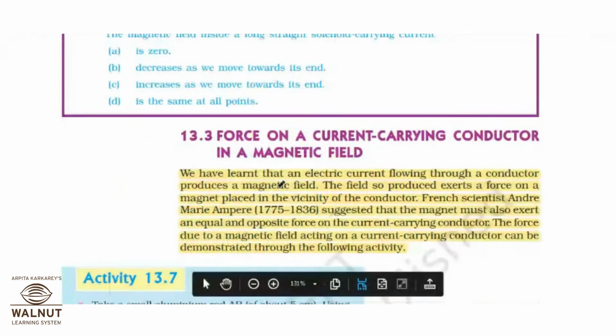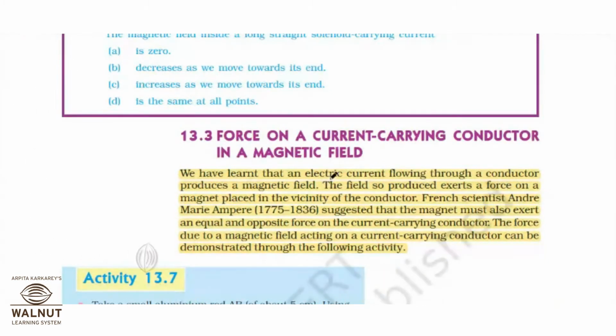Now the next topic is force on a current carrying conductor in a magnetic field. We have learned that an electric current flowing through a conductor produces a magnetic field. We are making this statement again and again in every lecture. The field so produced exerts a force on a magnet placed in the vicinity of that conductor.